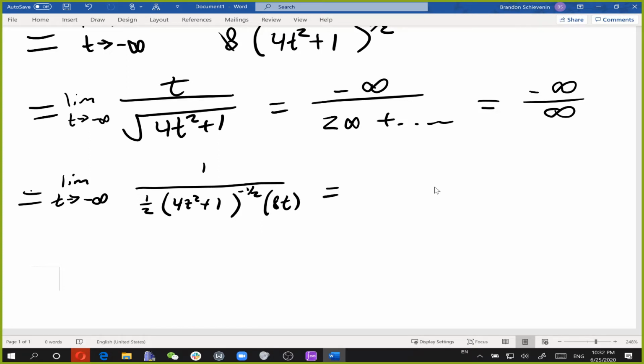This negative 1/2 means I can move this to the top of the fraction, 4t squared plus 1 underneath the square root on top now, over 4t on bottom. So we still haven't been able to solve our problem of having a t in both sides, unfortunately. So I think we're going to be stuck in an infinite loop here.